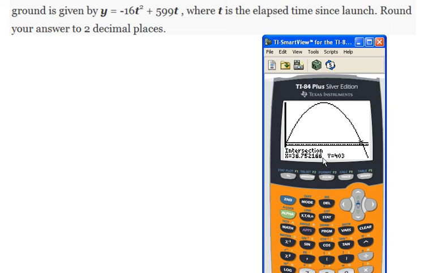That'd also be maximum, wouldn't it? But then we'd be looking for the y value. Does that make sense? So if we did second calc maximum, and I found the vertex of this parabola that opens down, the x value would be the time it took to get there, and the y value would be how high it got. Right? Does that make sense?